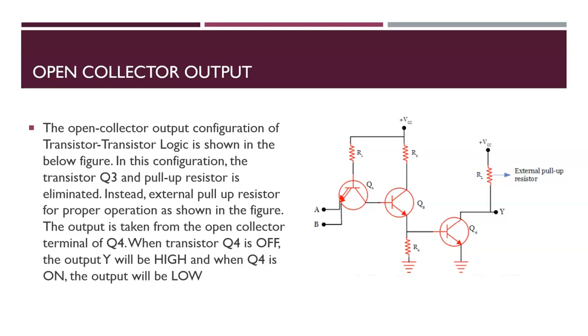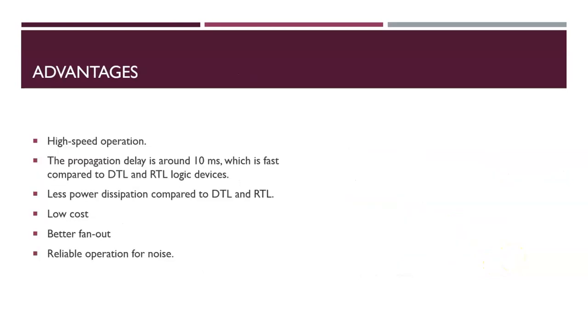Only the thing is that the pull-up circuit is not there. The pull-up circuit has been eliminated. Instead of this pull-up circuit, we are putting in a resistor, which is called an external pull-up resistor.